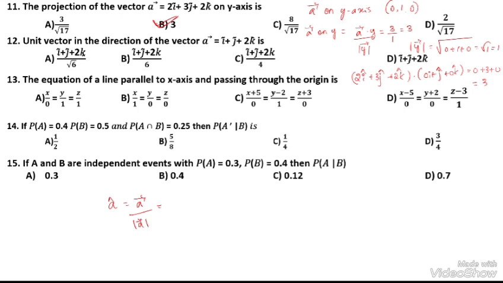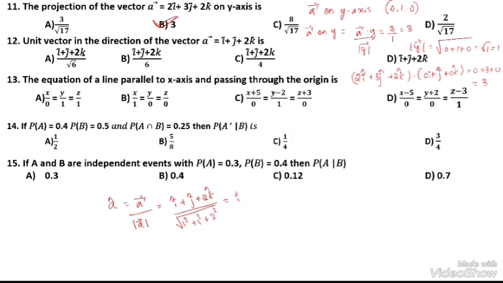Now, what is the vector A? I cap plus j cap plus 2 k cap. Then the magnitude: here, for i cap the component is 1 square, the j component is 1 square, plus the k component 2 square.